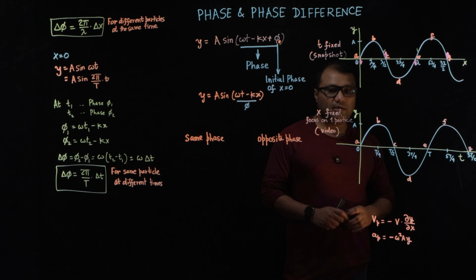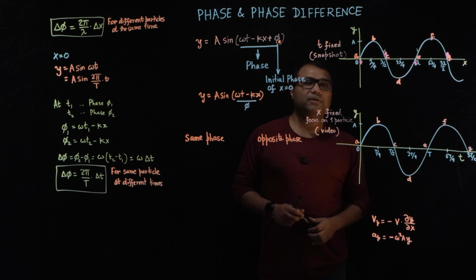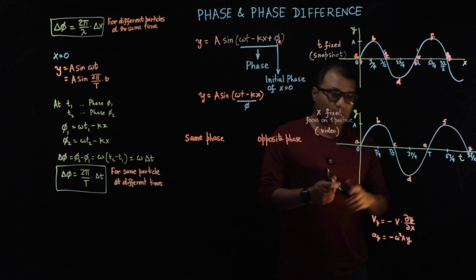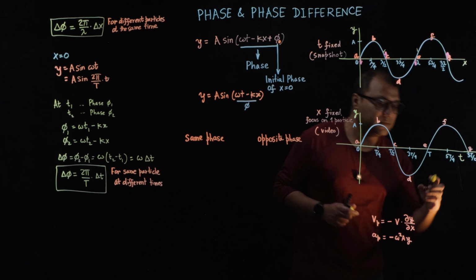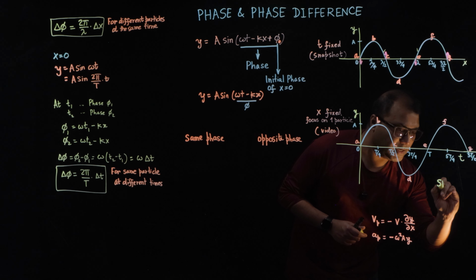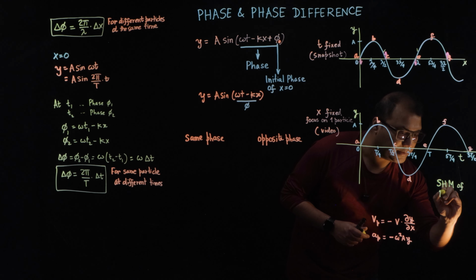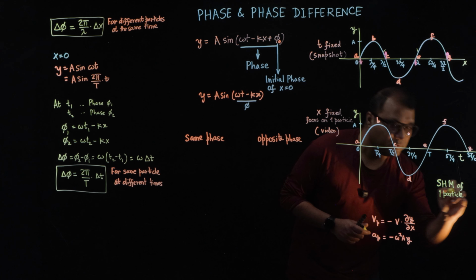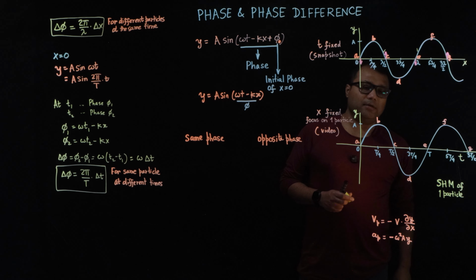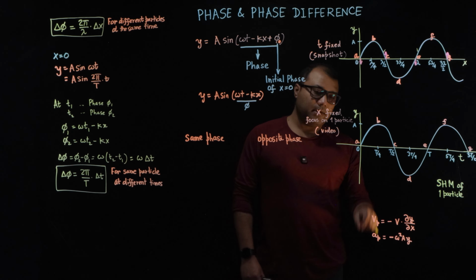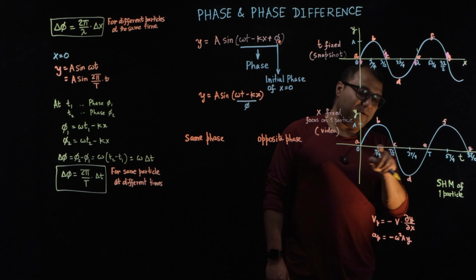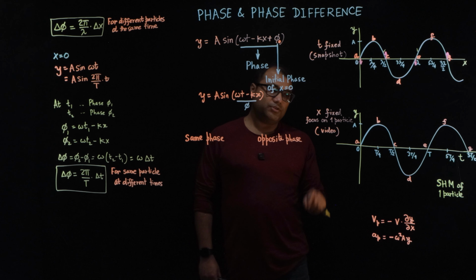So this is actually much simpler because this is nothing but simple harmonic motion of one particle. So we know A, C, E, G, they are all at zero displacement. At the mean position, acceleration is also zero.